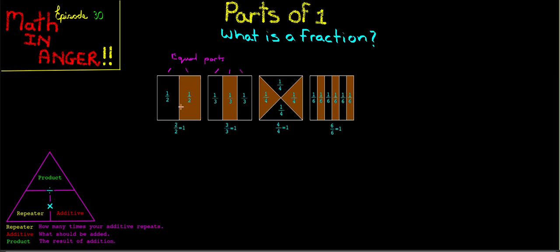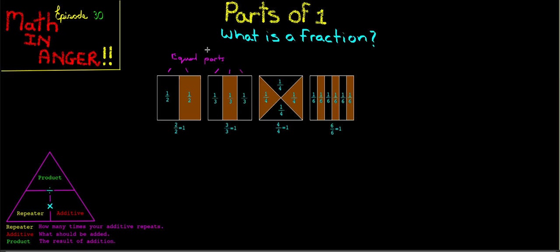That's what is meant by that. Here, I have three things that are of equal size. Here, I have 4. Here, I have 6. And when you take all 6 together, then you have one whole thing. Here, 4, I've got one whole thing. 3, one whole thing. 2, one whole thing.